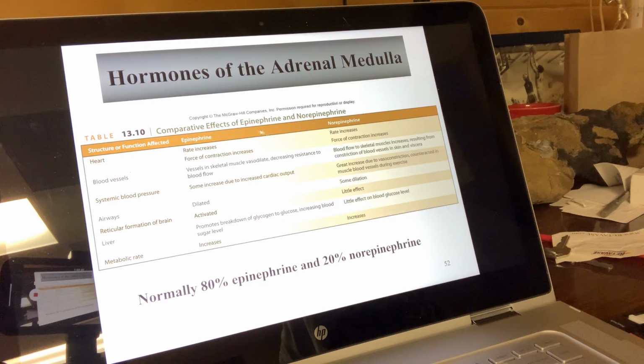So what do epinephrine and norepinephrine do? Well, they have many properties that are very similar. Normally, the adrenal medulla secretes 80% epinephrine, 20% norepinephrine due to stimulation of the sympathetic nervous system. And they affect many different parts of the body. Both of them increase the heart rate.